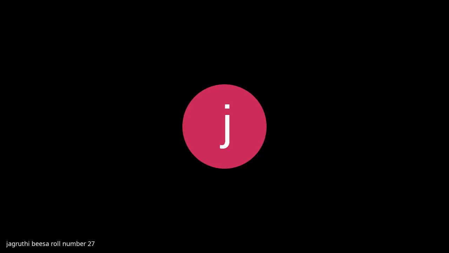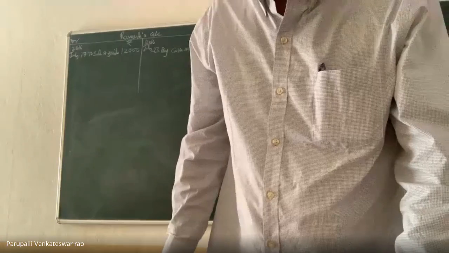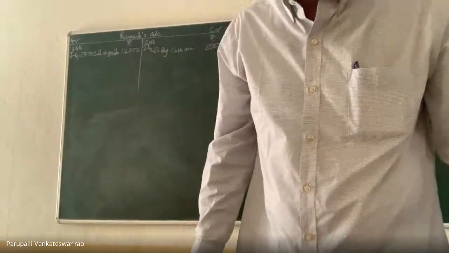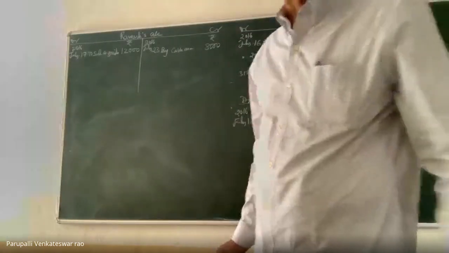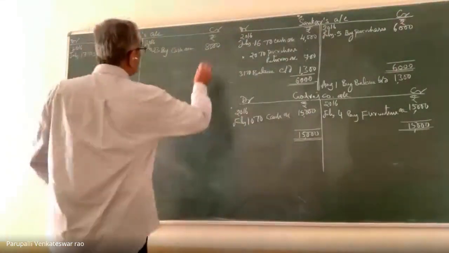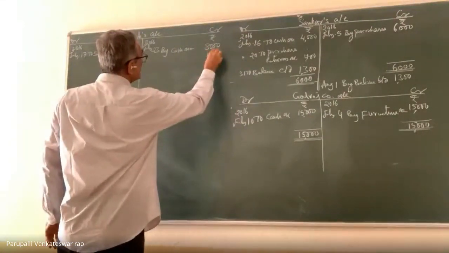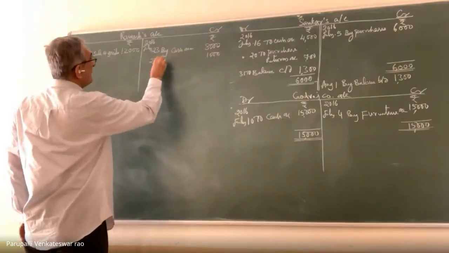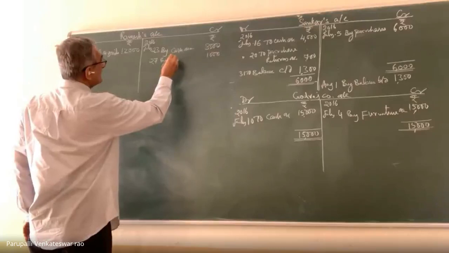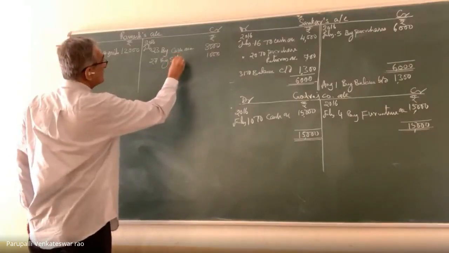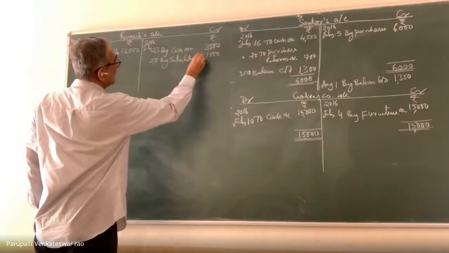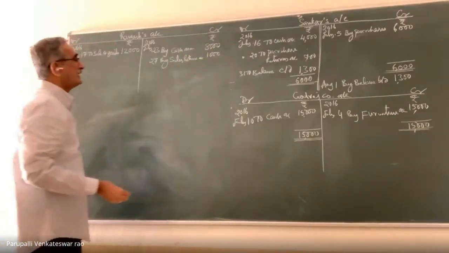Ramesh account is credited with rupees 1,000 on 27th by sales returns account, 1,000. So there ends the problem.